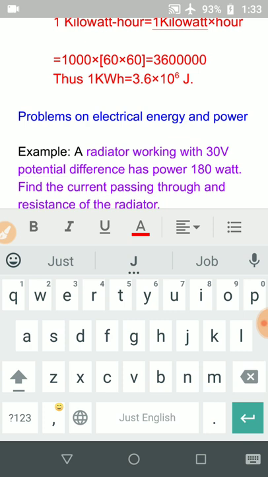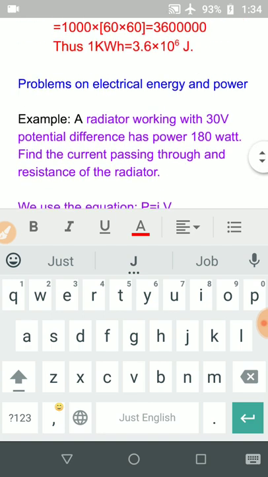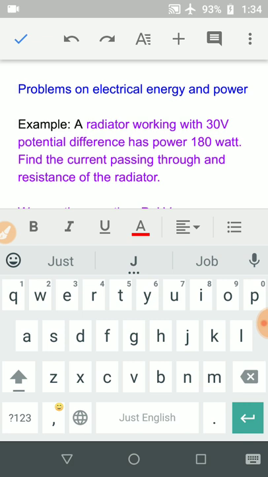Yes friends, from the beginning till now we have discussed some concepts of electrical energy, user applications of electrical energy, conversion of electrical energy into various forms, and also power, the definition of power, and also the commercial units or Board of Trade units of electrical energy.